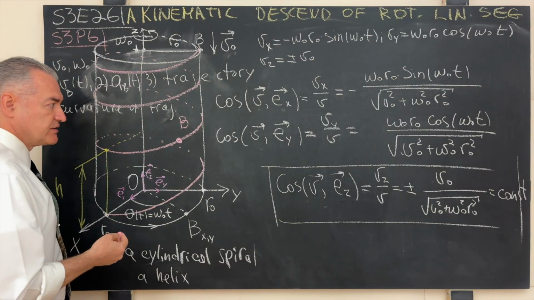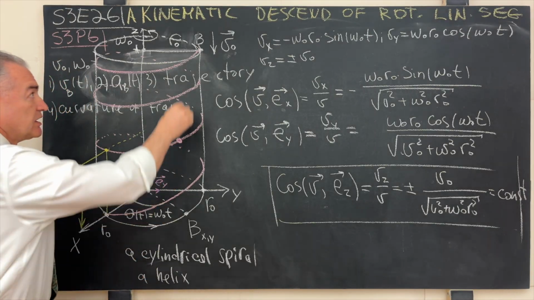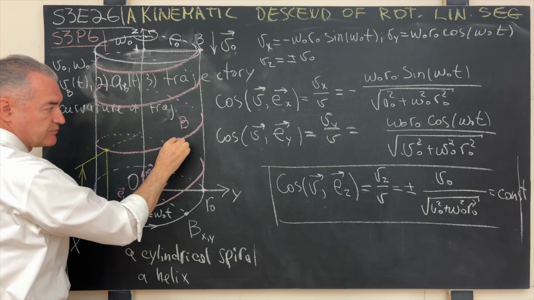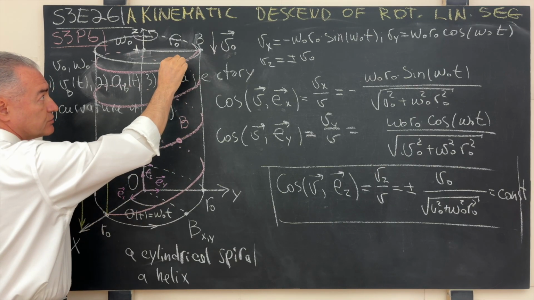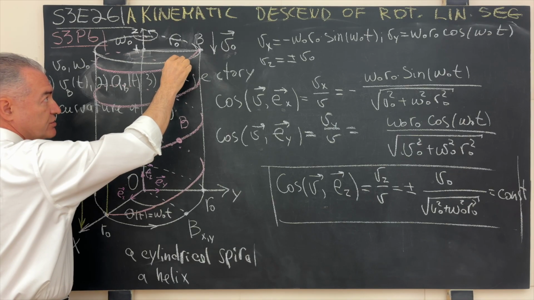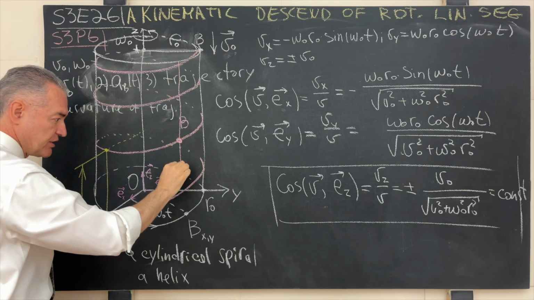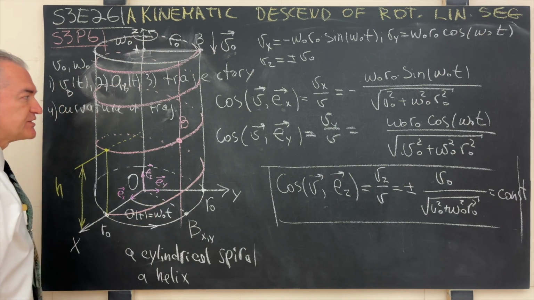z-axis, or technically, let's say, remember that the point B at any point is located on a generatrix of the corresponding generating right circular cylinder.